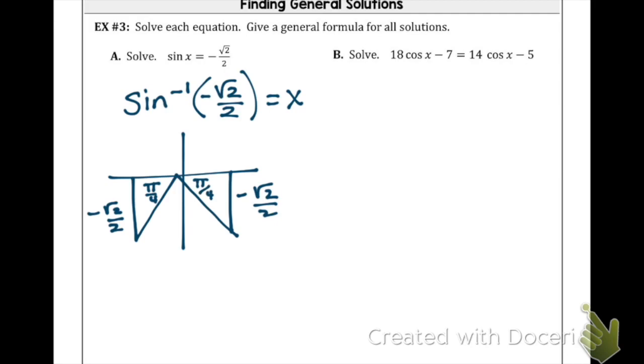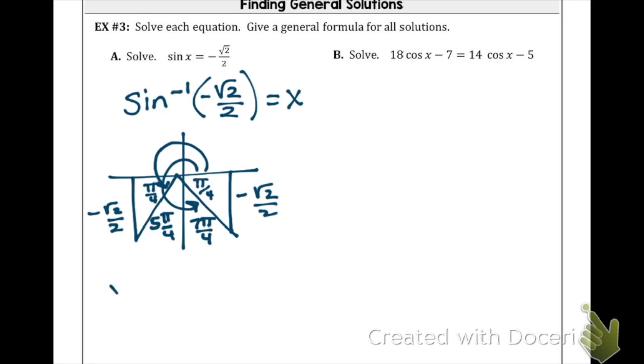Now we have to think about what those angles are. This angle here would be, what, 7 pi over 4? No, 5 pi over 4. And then this angle here would be 7 pi over 4.